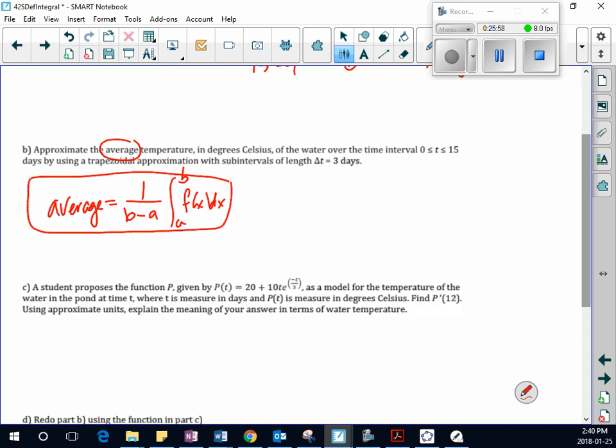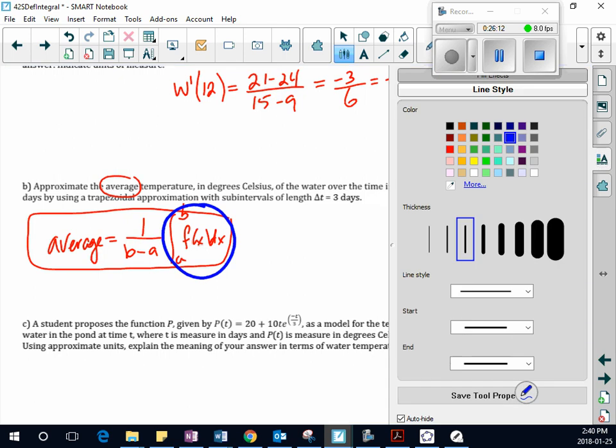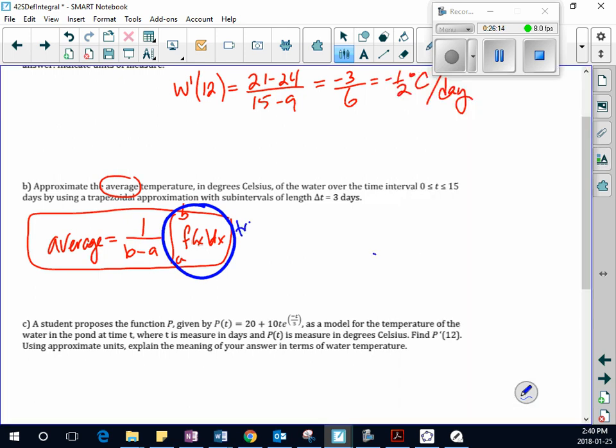This you should have in your back pocket somewhere, okay? Anytime you see average, you don't just find the area, you have to divide by b minus a. So we have to use the trapezoid approximation to do this part of it. This is the part we're using the trapezoidal approximation for, f of x dx.